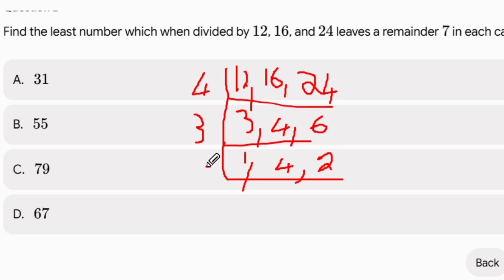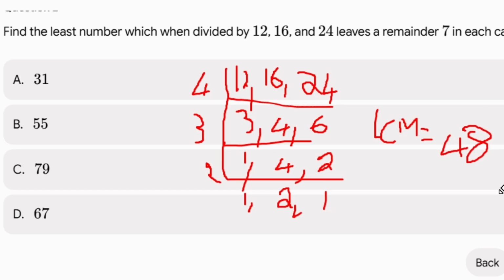By dividing with 2 again, we get the LCM. 4 3s are 12, 12 2s are 24, 24 2s are 48. This leaves the remainder 0, but remainder 7 was asked, so we have to add 7. Answer 55.